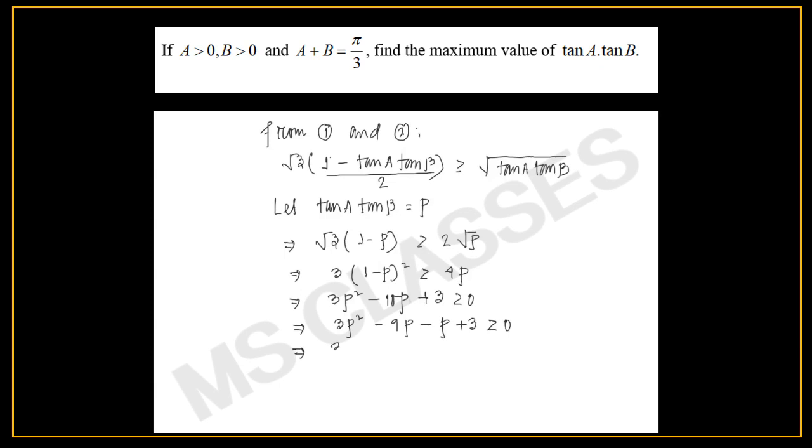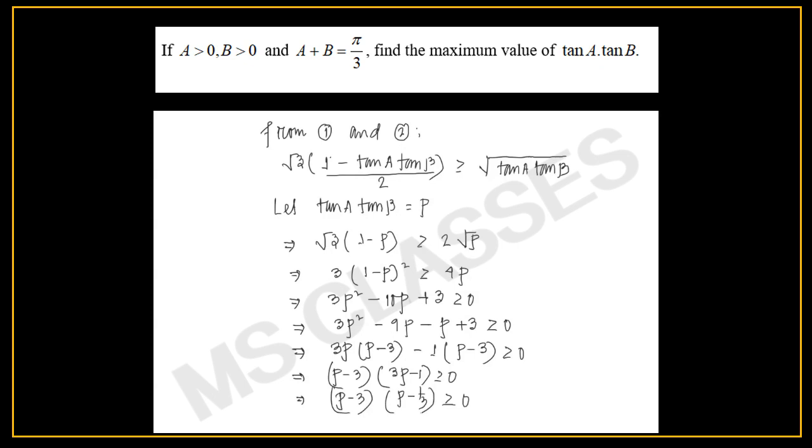Now here 3p we take common, it is 3p into (p minus 3), minus 1 common, (p minus 3), greater than or equal to 0. Now (p minus 3) into (3p minus 1) greater than or equal to 0. Now (p minus 3) into (p minus 1 by 3) greater than or equal to 0.